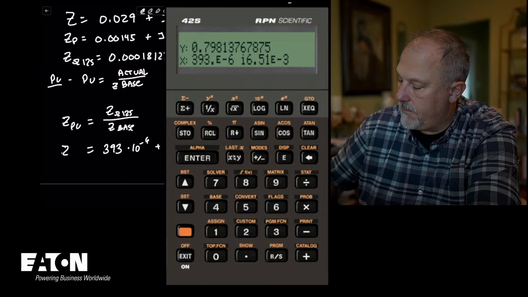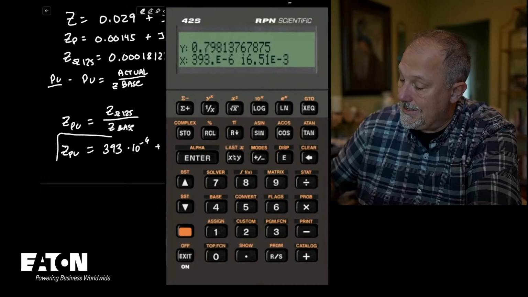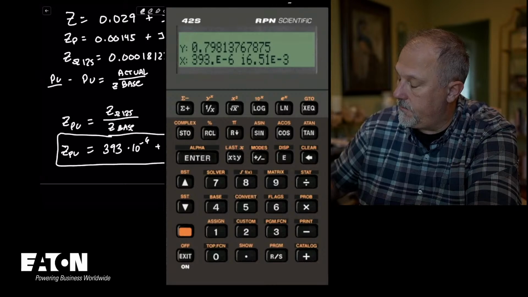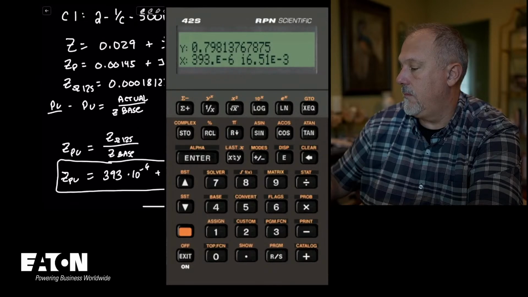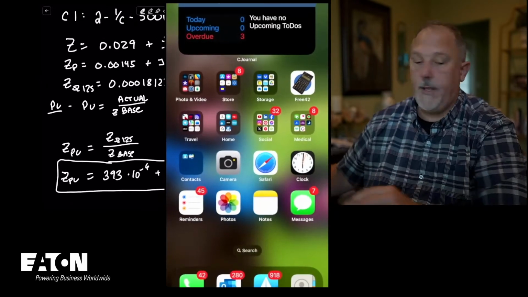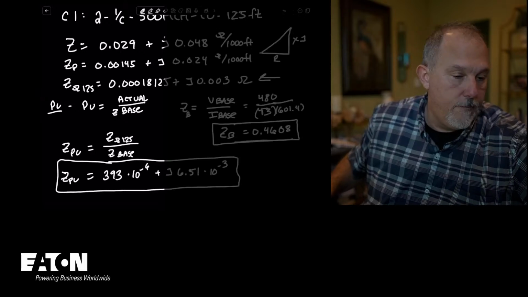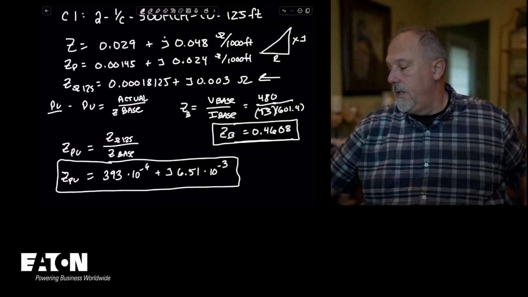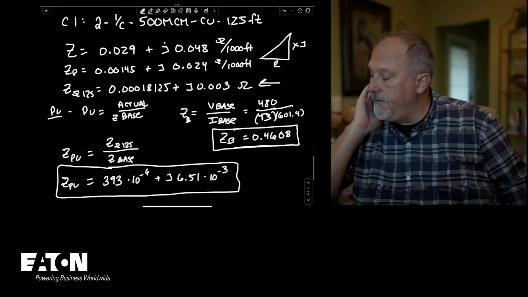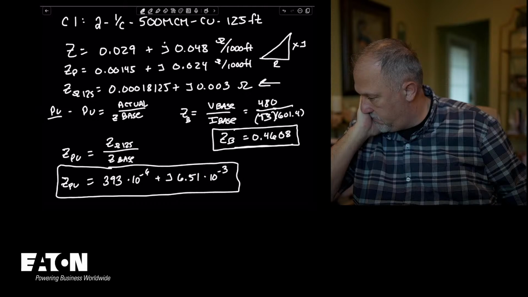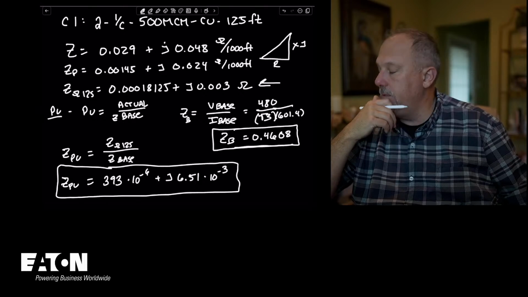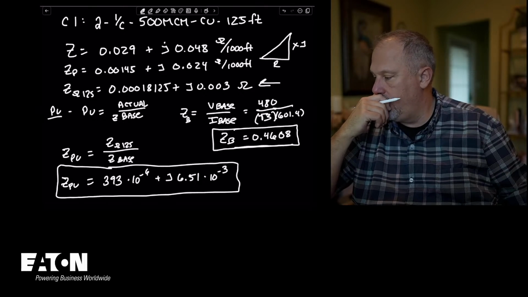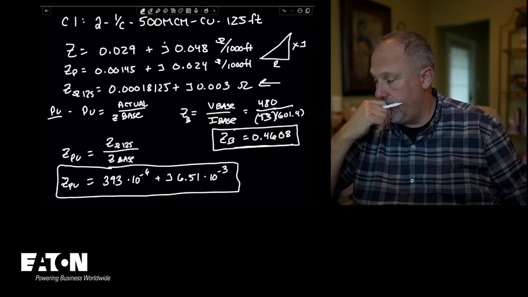I'm hoping that's right. All right. That is my per unit on my one conductor. For some reason, something doesn't smell right. But that's right.